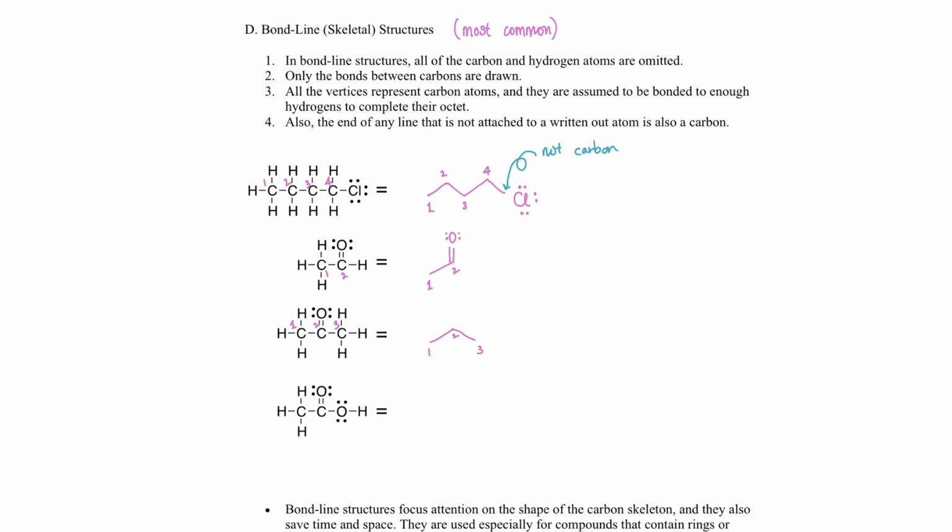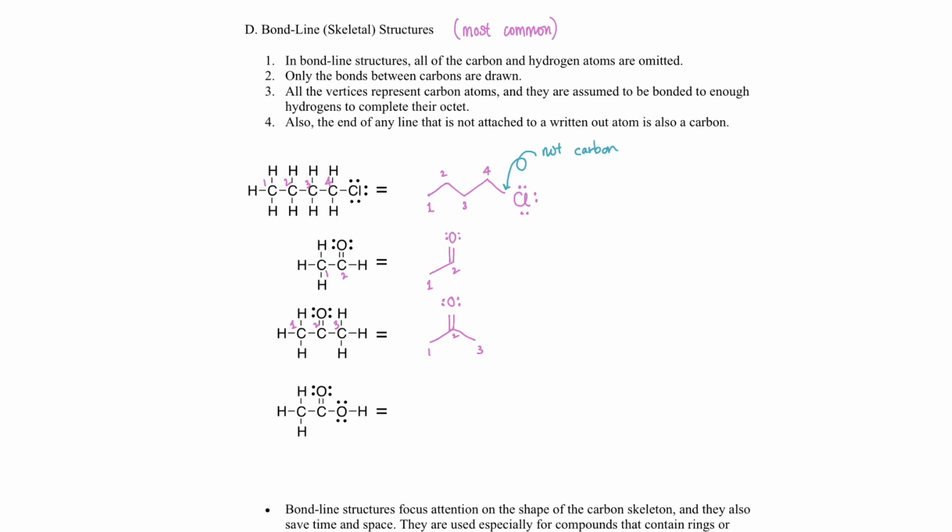Because you only have bonds to hydrogens, and the bonds to the carbons are already shown. However, on carbon number 2, you do have a double bond to an oxygen, so you do have to show that. So we're going to fill that in, and that's what example 3 is going to look like.